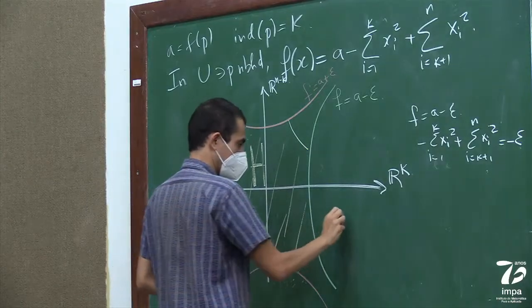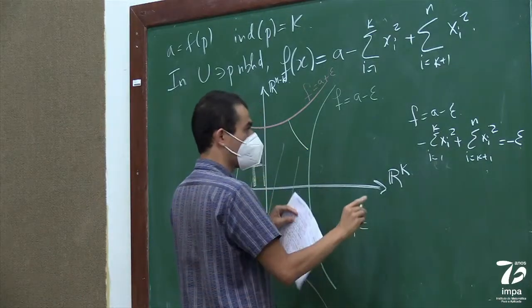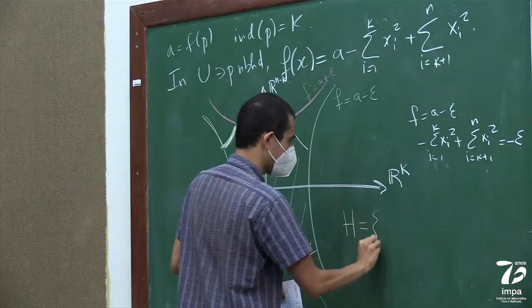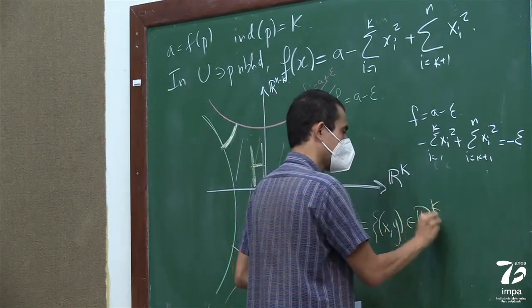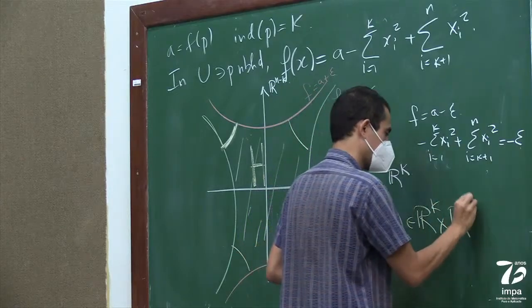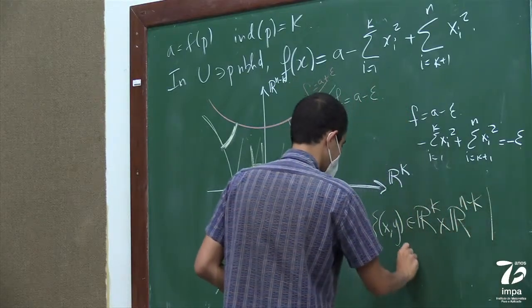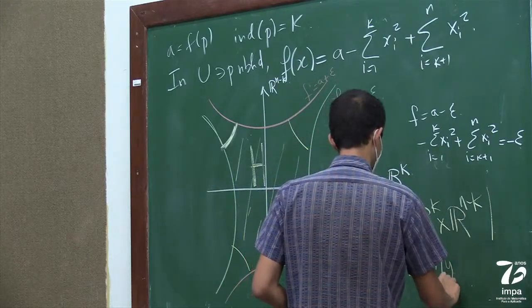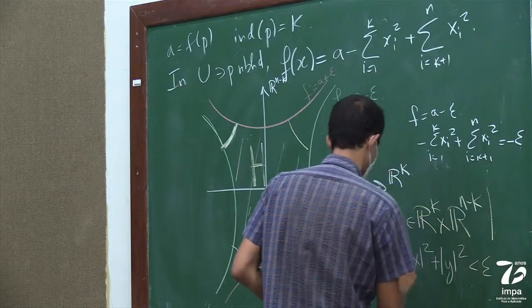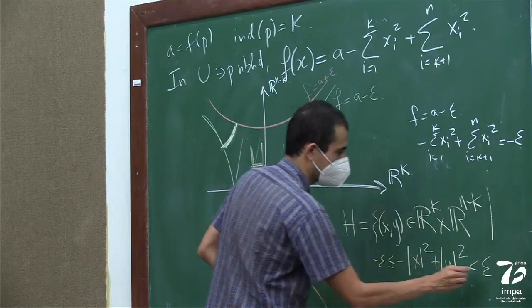It's the subset of (x, y) in R^k times R^(n minus k), such that the norm of x squared with a minus sign plus the norm of y squared is between minus epsilon and epsilon.